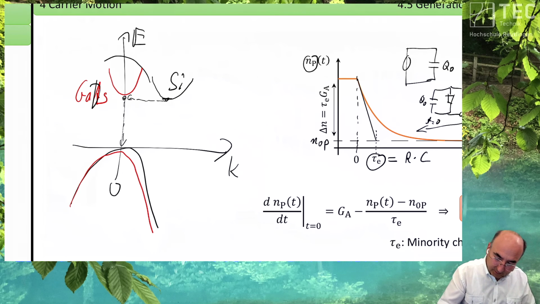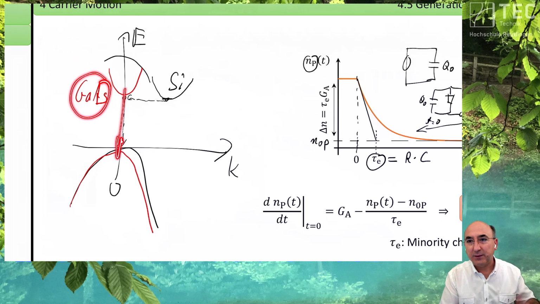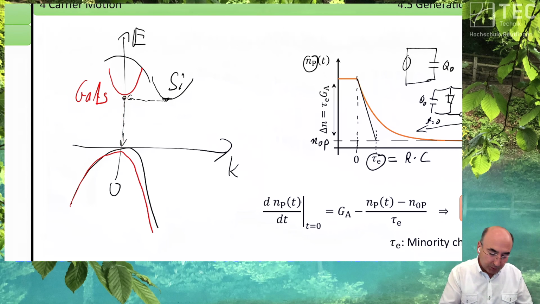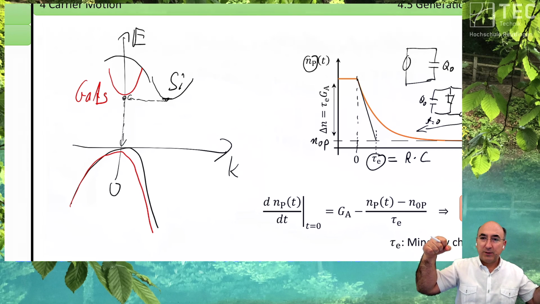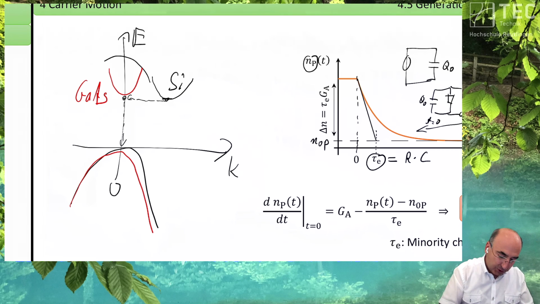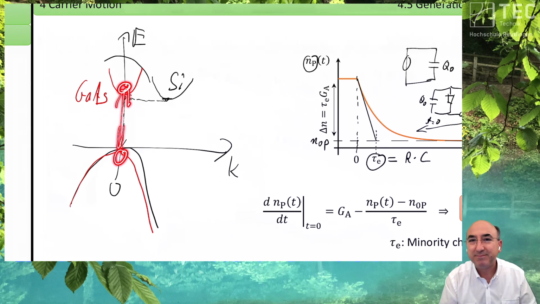Gallium arsenide, one second. Gallium arsenide doesn't need an additional particle, no additional phonons, doesn't need a trap to recombine. It makes itself. That means if you make a solar cell using gallium arsenide, then you have to be very fast to put these electron hole pairs aside. Because if you don't do it, the phonon comes in, you generate electron hole, and then it recombines again.